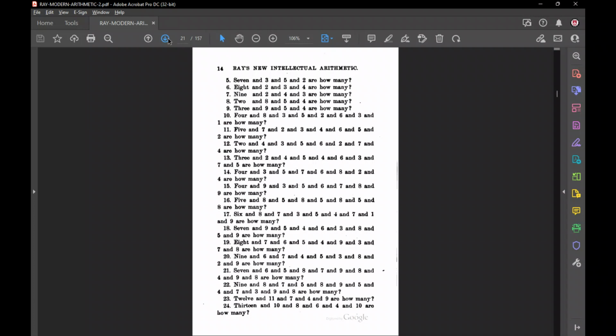You don't have to sit there and find the answer first. You can just start answering. If I ask you, how many are 9 and 2 and 4 and 3? You can just start answering and say, 9 and 2 are 11. And 4 are 15.